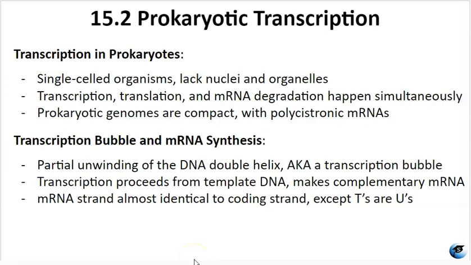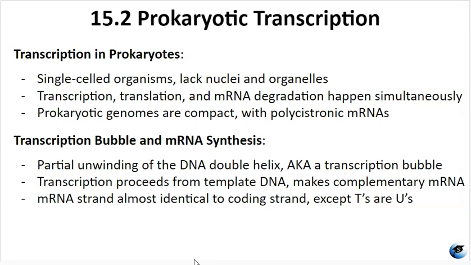Now that we have a good understanding of the genetic code itself, let's go into more detail about how it works. It is different in prokaryotes and eukaryotes, as are most things, so we'll discuss both processes individually. Prokaryotes don't have membrane enclosed nuclei, allowing transcription, translation, and mRNA degradation to all happen simultaneously in the cytoplasm.